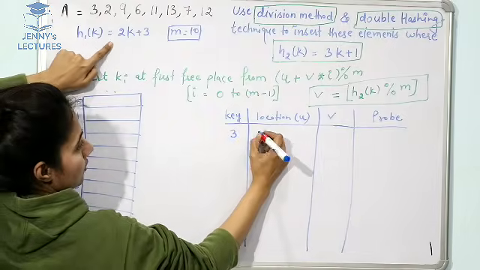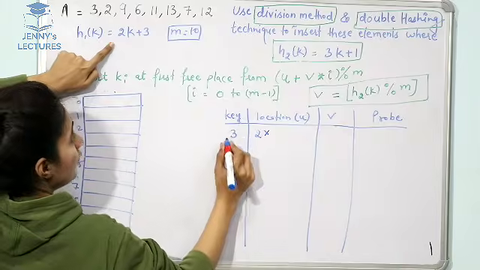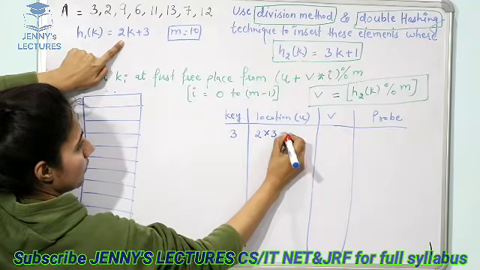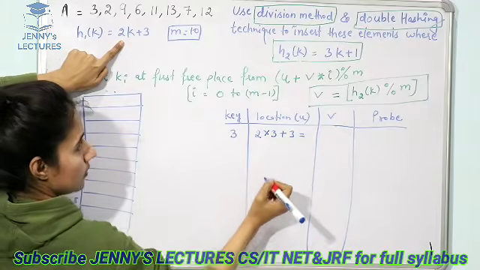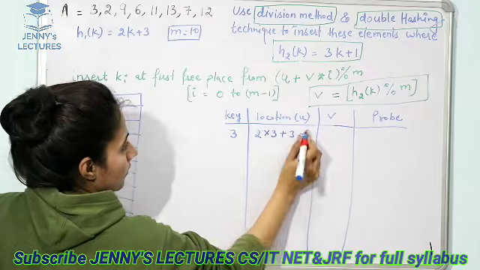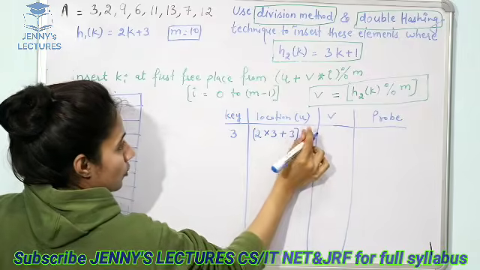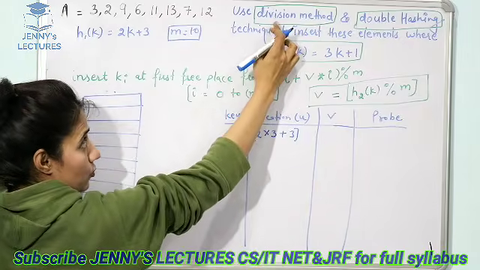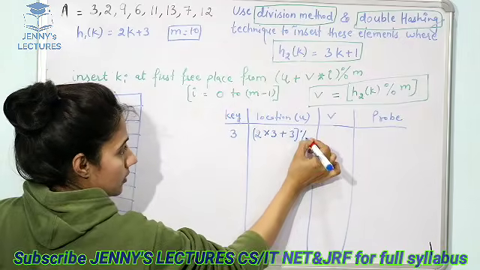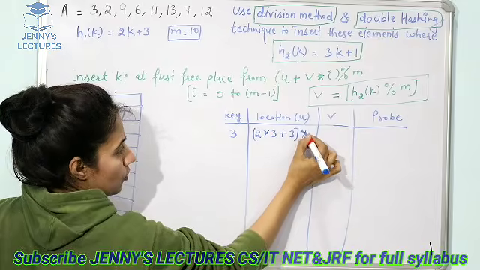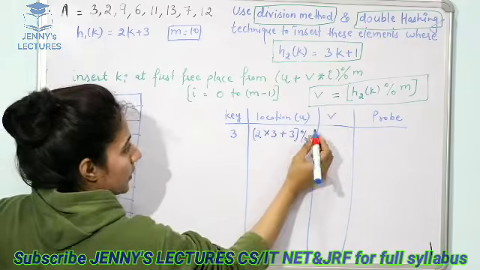Now what is this? 2 into the value of k, which is 3, plus 3. And you are supposed to use the division method, so this is modulo m. M is what?